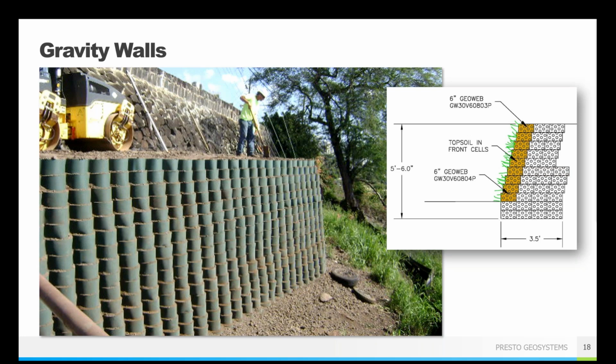We do follow the Federal Highway Administration's standards for building MSE retaining walls, FHWA standards. So if you're familiar with those, you will understand the type of methodology that we use for the GeoWeb system. If not, don't worry about it. More than happy to discuss it if you do have questions or if regulators have questions, but that's the methodology that we follow. So that's where that 8 feet usually comes in for gravity style walls.